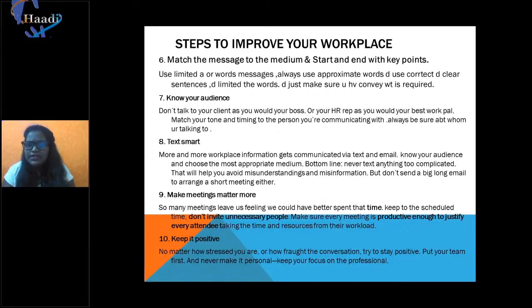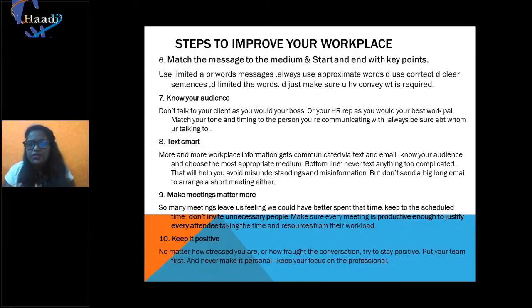The next one is don't invite unnecessary people. Of course, we have to invite people, but make sure you don't invite a large group. Just invite the few people who are very important to convey the information. It is a must to convey your information.